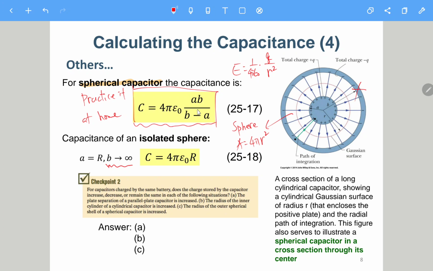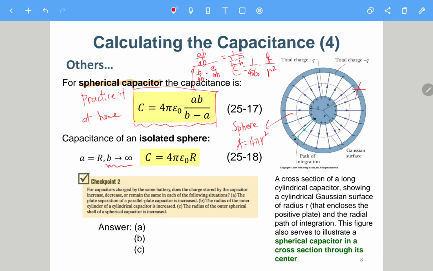But if we do some algebraic calculation, like dividing AB on the numerator and the denominator, we will have AB over AB, and then B over AB minus A over AB. So it turns out to be 1 over A minus 1 over B. And then here we can plug in B tends to infinity.